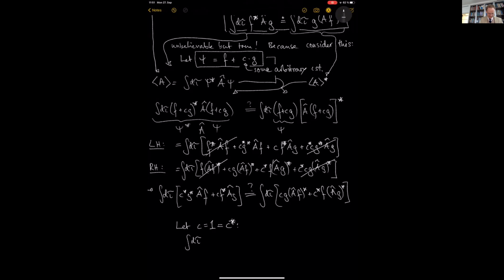So C is the complex conjugate, C is 1, so I'm left with G star A F plus F star A G. That's what's happening to my left hand term. And my right hand term will become d tau G AF complex conjugate plus F AG complex conjugate. All right.